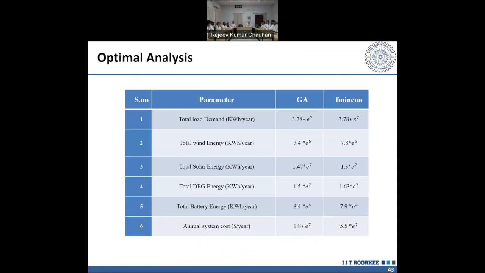There are two approaches used. One is the genetic algorithm approach to solve this problem. The other is the F-min con, an algorithm used to solve the stochastic nature of the inputs. Because solar and wind are very difficult to predict. Although we estimate what will be there, suddenly some cloud will come and the output will drop.